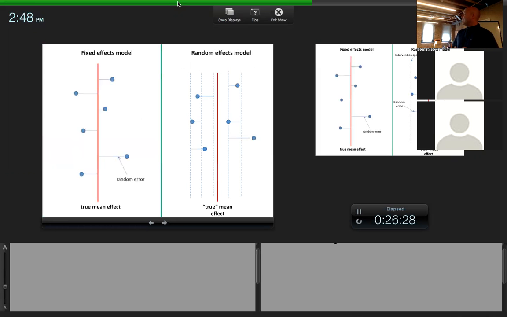A random effects model suggests that each of these studies is estimating its own truth that's true for that intervention under those circumstances. But because these interventions are all similar, those truths will distribute around a kind of average truth, right? So there isn't one true effect size because each of these interventions is a bit different or done in a different group.